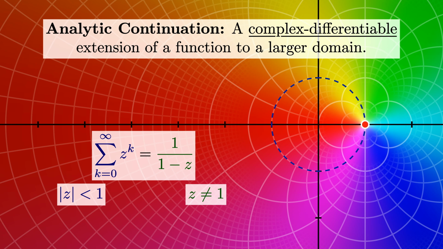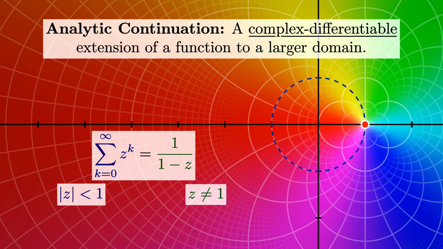Since this function is differentiable on this domain, it is the analytic continuation of the function defined by the infinite sum on the unit disk. Notice that I said the analytic continuation, rather than an analytic continuation. This is because complex differentiability is a surprisingly rigid constraint.